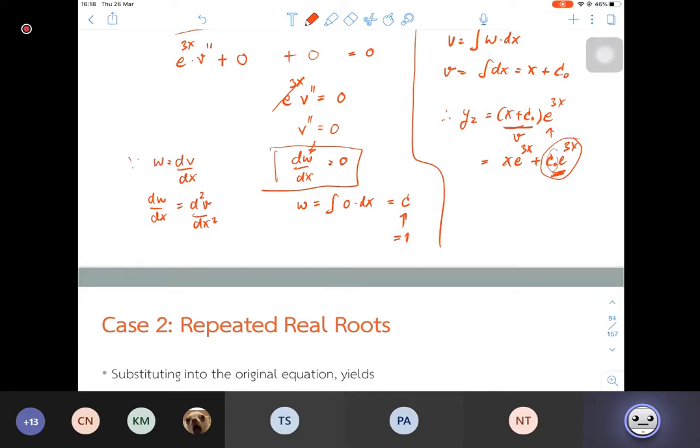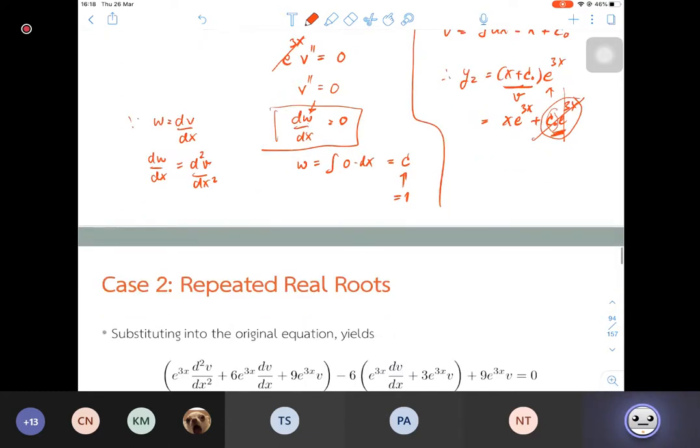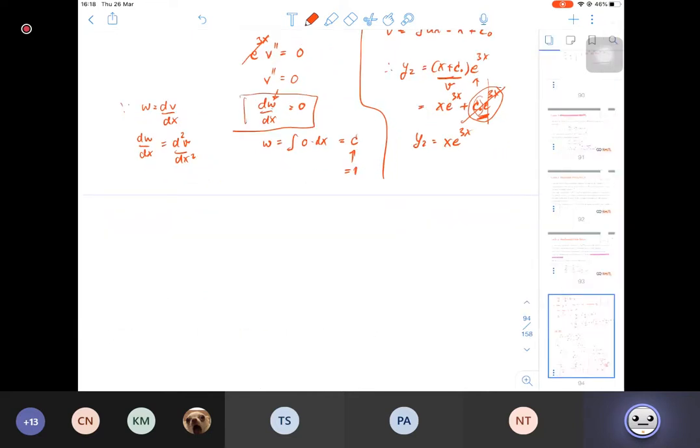This is just another constant times the first solution. So this term will not be taken into account. So finally, you're going to have y2 equal to x e to the power of 3x.